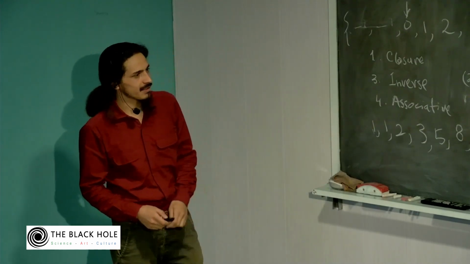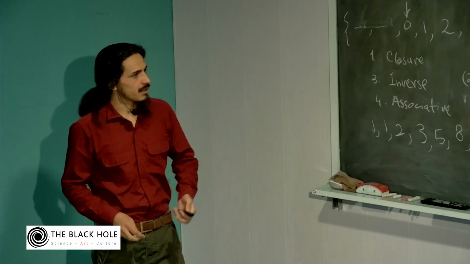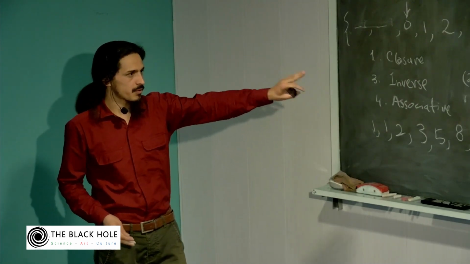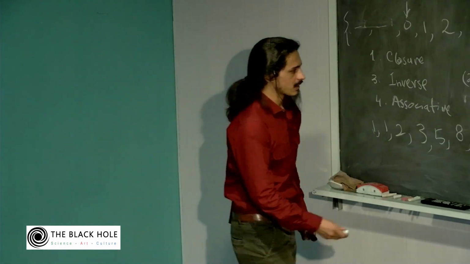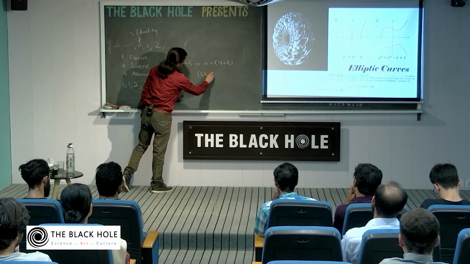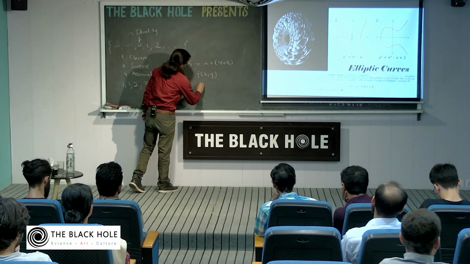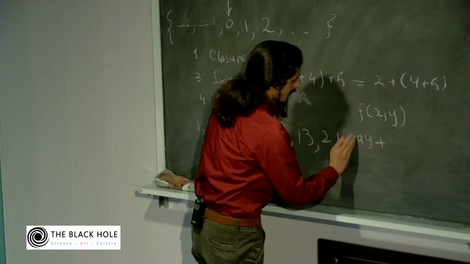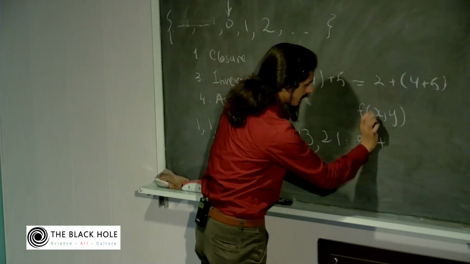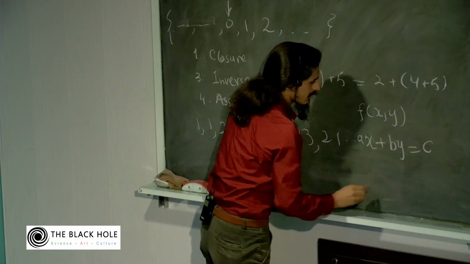The first thing about elliptic curves is that when we start to study these algebraic geometric objects, we start by considering functions of 2 variables, f of x and y, and we start, of course, with the simplest case, something like, let's make it more symmetric, ax plus by equals c.